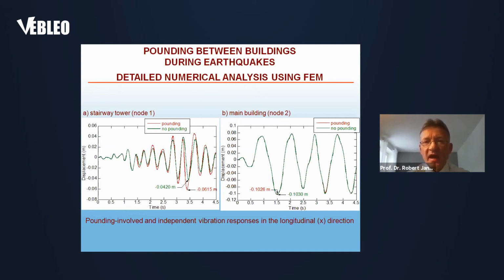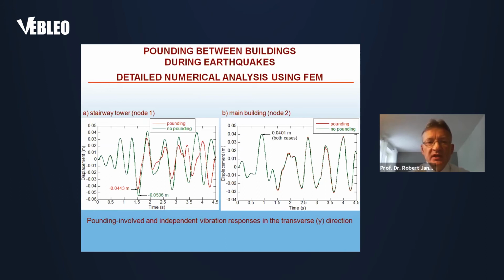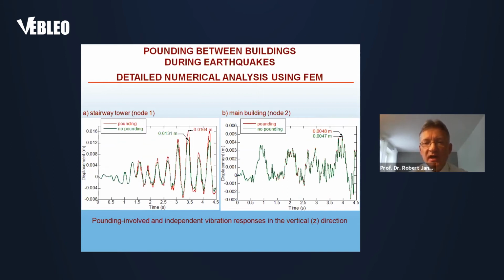On the other hand, for the main building, only small changes are visible on the right side of this transparency. Quite similar conclusions also concern the transverse, as can be seen on this transparency, as well as the vertical responses of the structures. So again, in the case of the lighter stairway tower, large changes in the responses were detected, while in the stiff and massive main building of the hospital, changes were small.